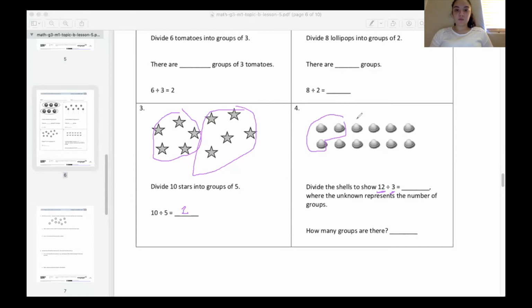So here's one group, 2, 3, and 4. So 12 divided by 3 equals 4. Why? Because there are 12 shells in total. We divided them so that there are 3 shells in each group and gave us a total of 4 groups.